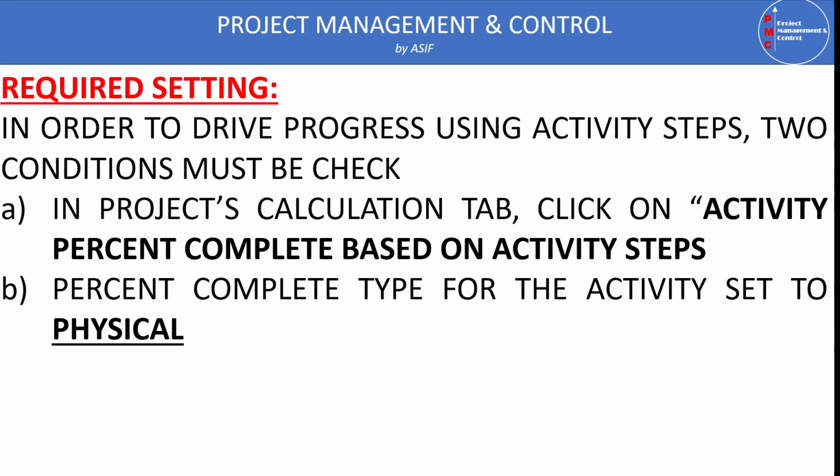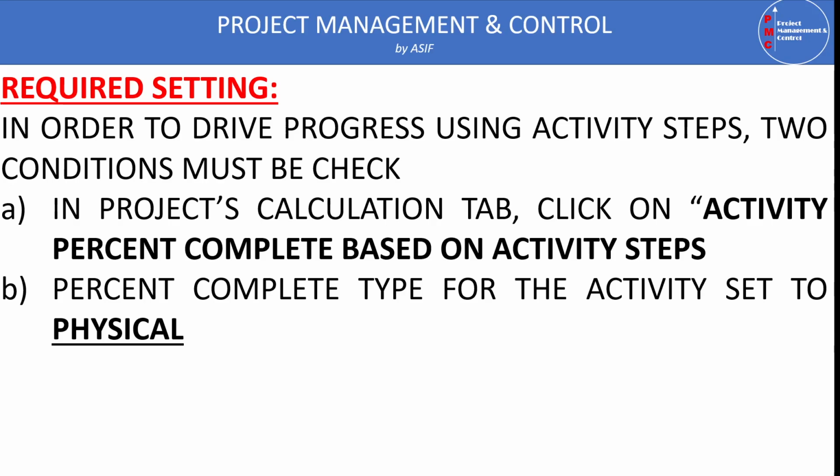The second important option is that for the activities for which you are planning to use activity steps, you have to select the percentage complete type as physical. Normally, our activity percentage complete types are selected as duration. In the duration percentage complete, when we put the percentage complete, the remaining duration is automatically computed based on the percentage complete we provided.